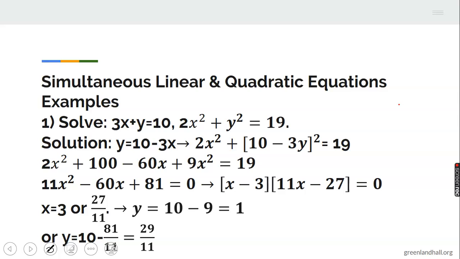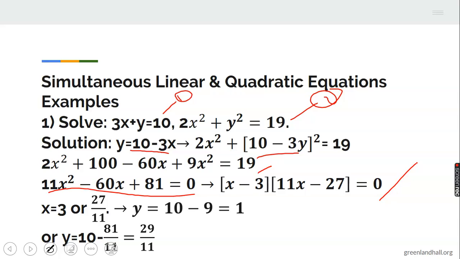Now simultaneous equations, linear and quadratic. Similarly, we have to make y the subject in one of them. This is y. We now put it in equation 2. This is equation 1 and this is equation 2. Putting it in equation 2, you have this quadratic. Taking everything to the left-hand side and factorizing, you have this.